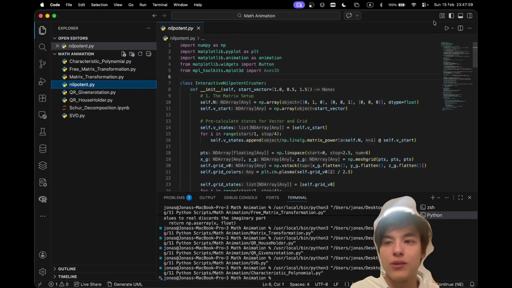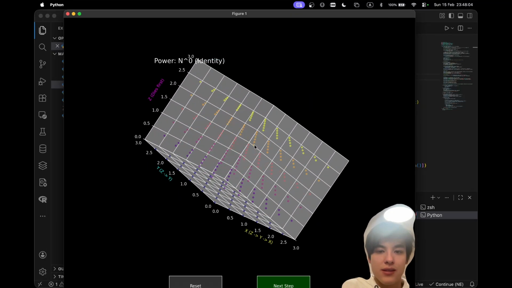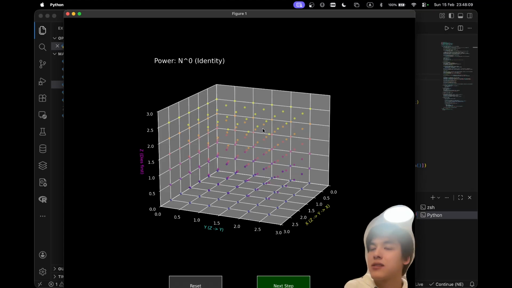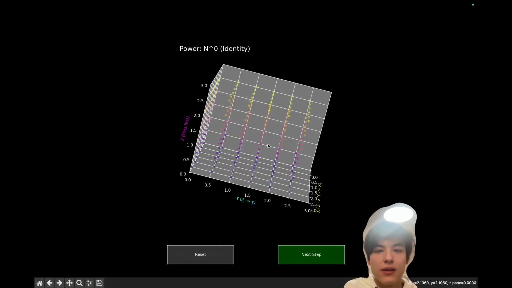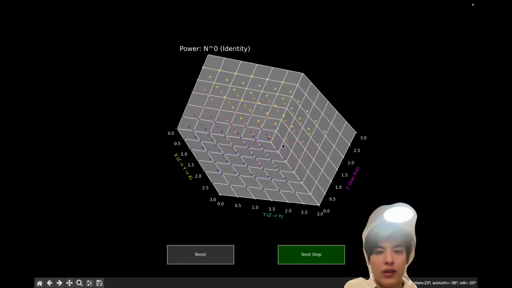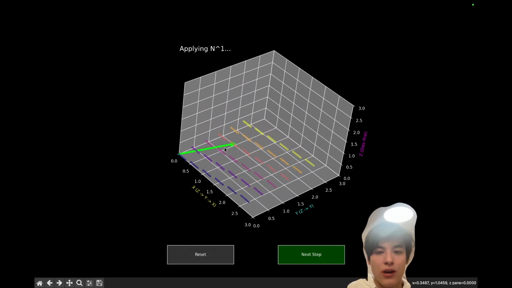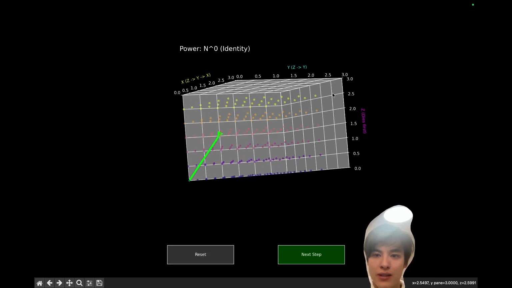Where is this? Nilpotent. So let's see this as the input, at the beginning I just marked different dots. Let me do it full screen. So we can see what happens. If we multiply by n to the power of 1, it would shift all the z values. Let's say the yellow points were all at 2.5.